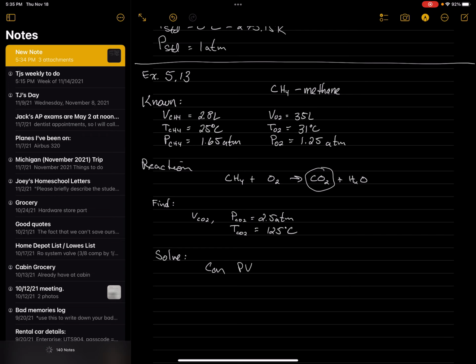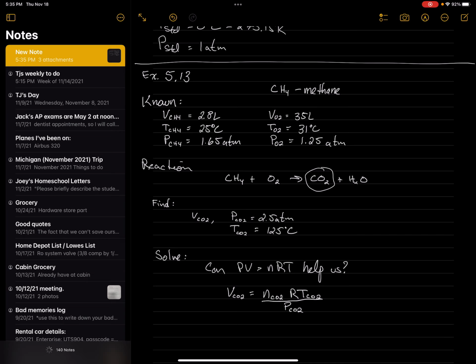Okay, so can PV = nRT help us? And in particular, we can revise this and say that the volume of CO2, that's what we're trying to find, is equal to the number of moles of CO2 times the gas constant times the temperature of CO2 divided by the pressure of CO2, okay?